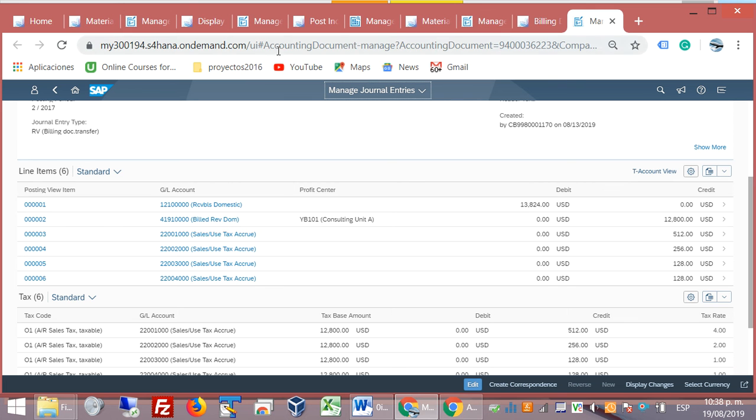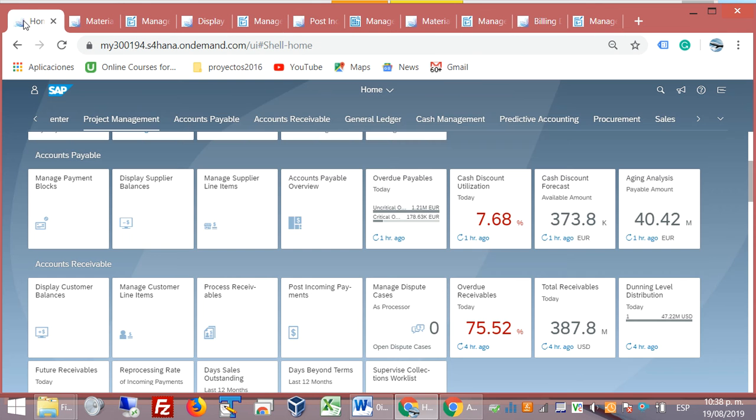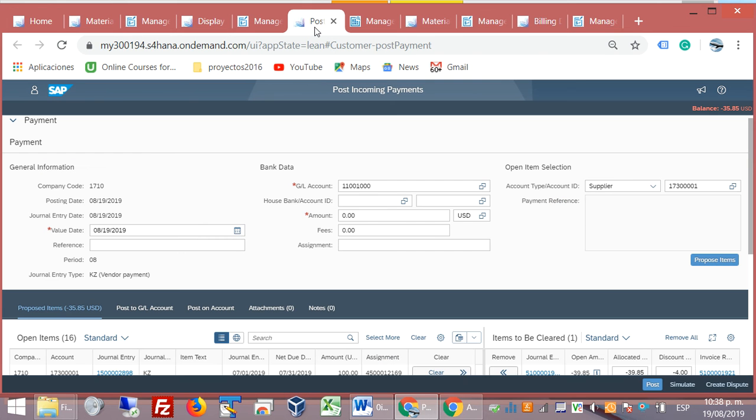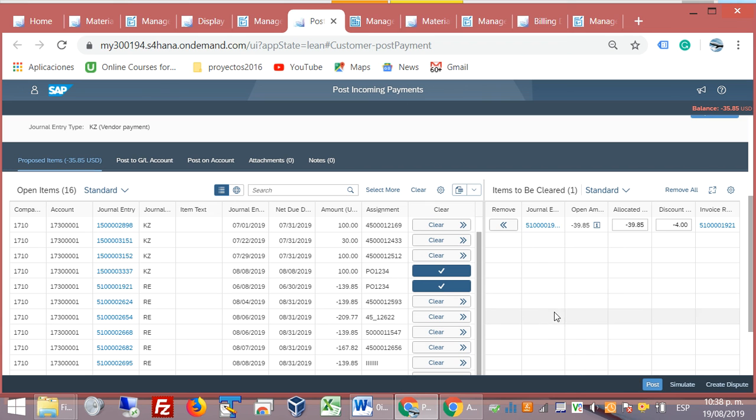And also we are going to use the module of post incoming payments, and here we are going to post the payments, and we will be able to check how much money is allocated and how much money is pending to pay to a provider, or is pending of receiving the full amount from the client.